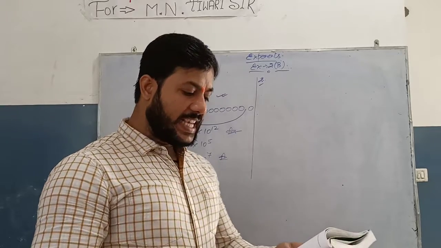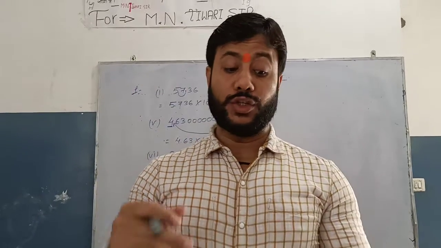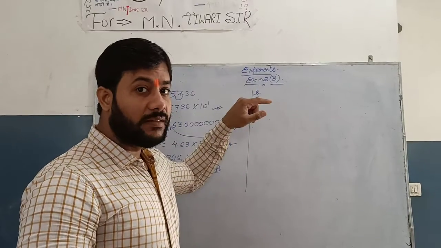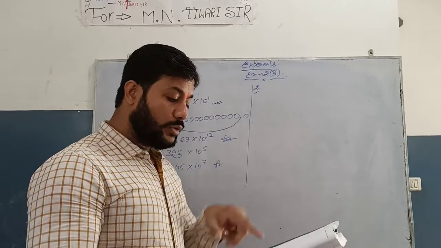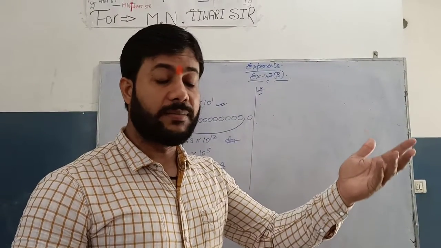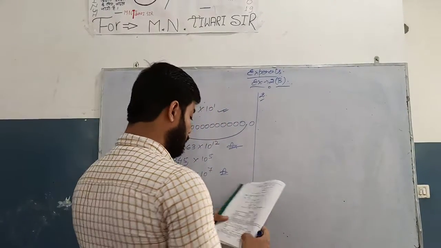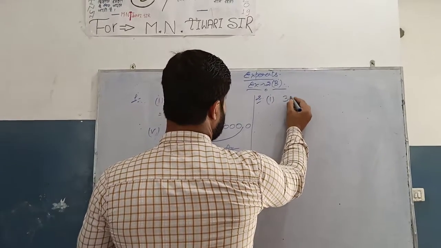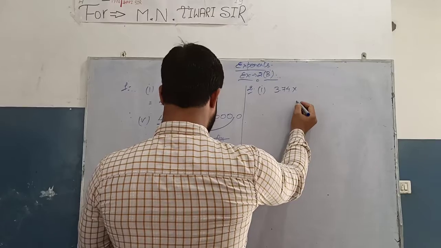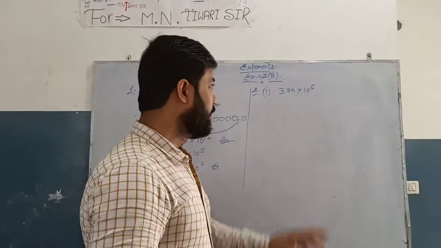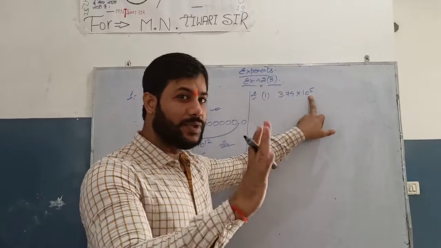Question number 2 says write each of the following numbers in usual form. Earlier they were in usual form and we wrote them in standard form. Now these are in standard form, and we have to write them in usual form. So question number 1, 3.74 into 10 to the power 5. Now how many zeros are here? 5 zeros.